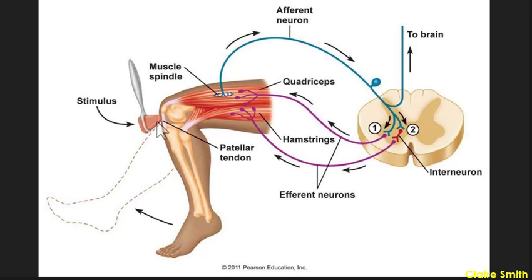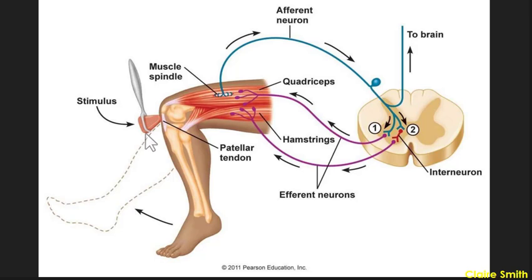What's happening is basically when this hammer hits the patellar tendon, there are sensory receptors in the muscles that sense the change of stretch of the muscles and send information to the spinal cord. The spinal cord integrates the information and sends motor information back out and tells the muscles of your leg to contract or relax, causing a movement to happen, right?